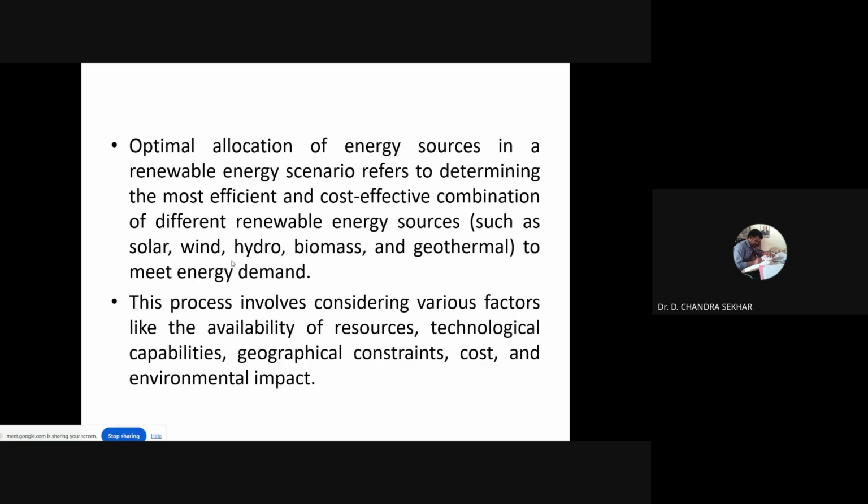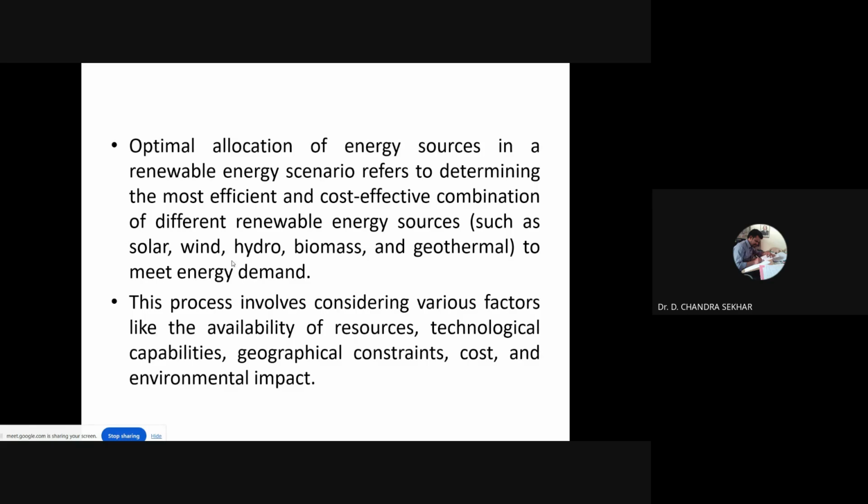The important factors: one is availability of resources, what resources are there, and technological capabilities. Another thing that is very important is geographical constraints. Generally, in one particular place wind plants are familiar, in another particular place solar plants are familiar.